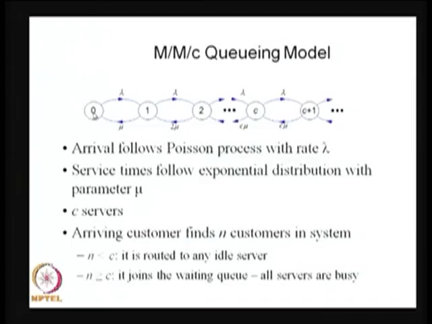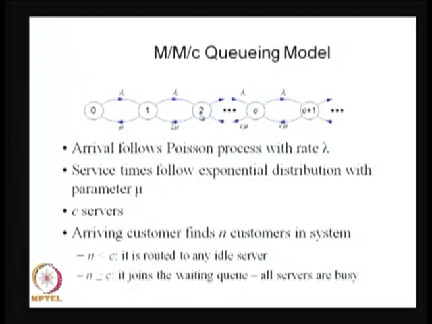Suppose there is no customer in the system. It moves from state 0 to 1 by one arrival. The inter-arrival time is exponentially distributed, therefore the rate at which the system moves from state 0 to 1 is lambda. Like that, you can visualize the rates for the system moving from 1 to 2, 2 to 3 and so on.